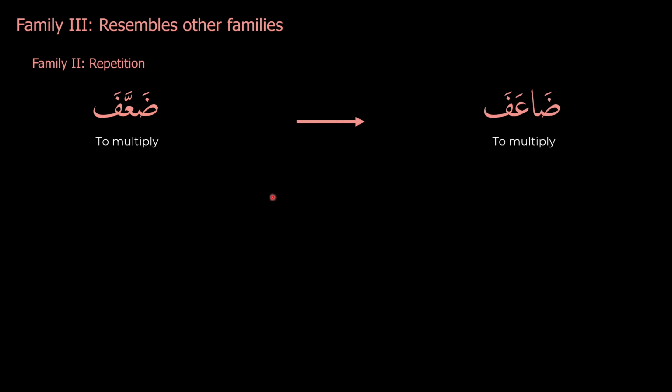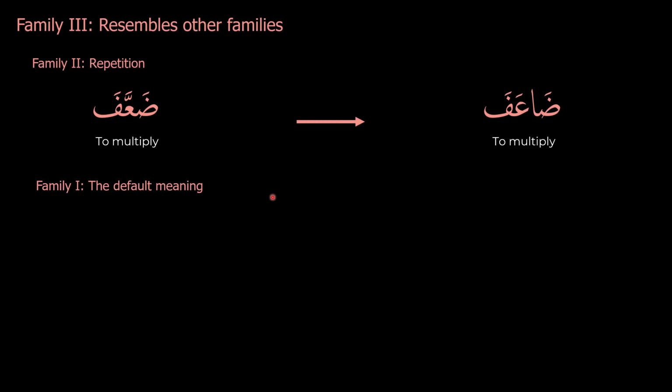Another meaning family 3 can have is that it resembles other families, right? So for example, for family 2, one of the common meanings that family 2 can have is repetition. So if we have ضعف, which is to multiply, in family 3, ضعف also means to multiply. So it has the same meaning.